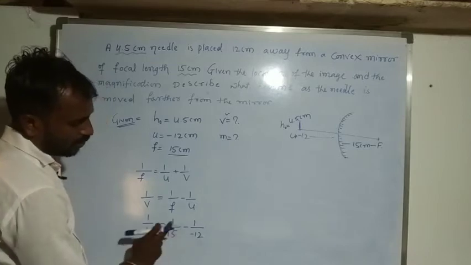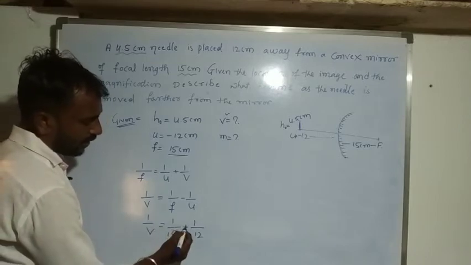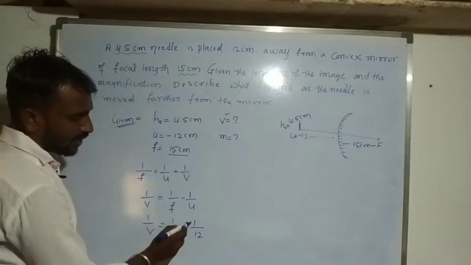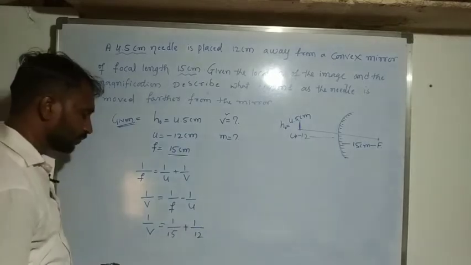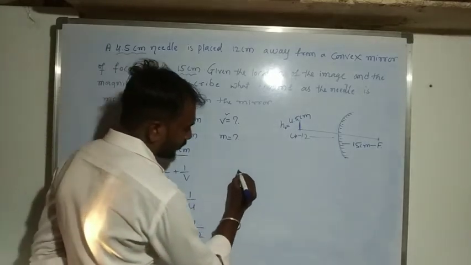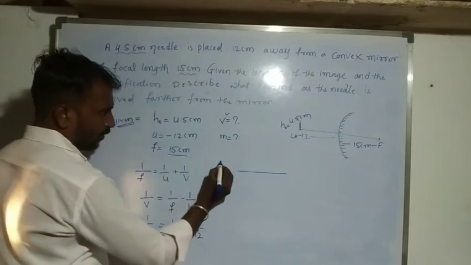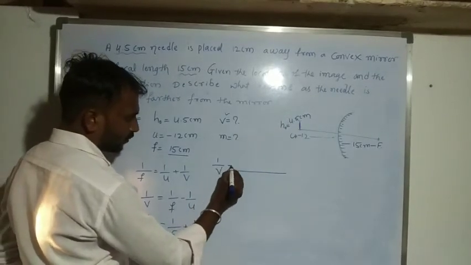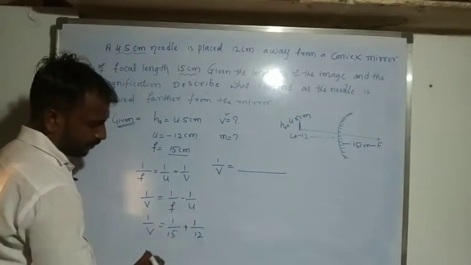Minus into minus, so plus. Directly we consider 1 by 15 plus 1 by 12. So LCM 60.